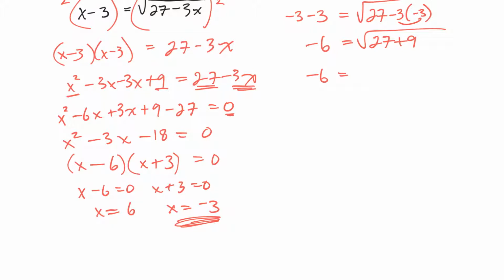So I have minus 6 is equal to the square root of 27 plus 9, that's 36. Oh, and the square root of 36 is 6. Oh, but it doesn't equal minus 6 because it has to be a minus 6. Those don't work, therefore this one doesn't work. That one I'm assuming to be your only answer, but I would plug the 6 in just to make sure that it works. All right, hopefully that helps you with those questions.